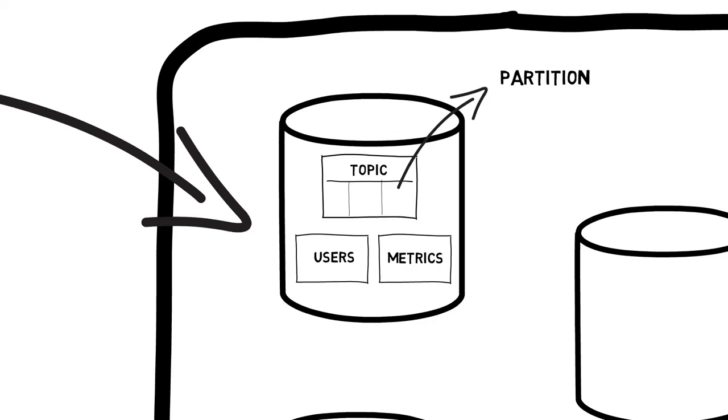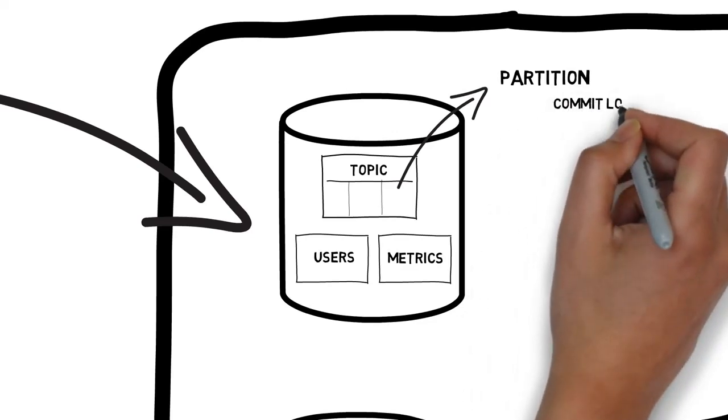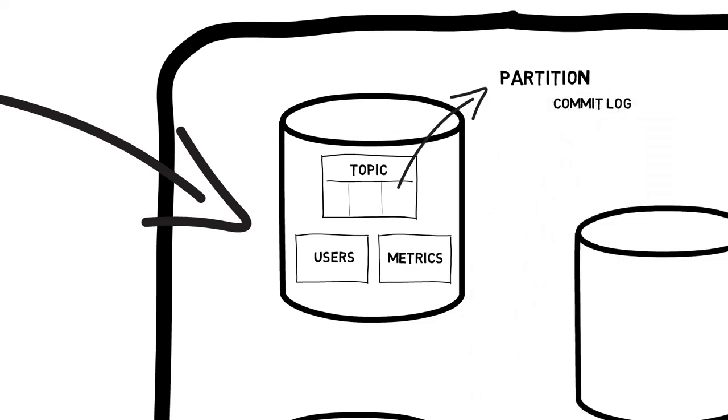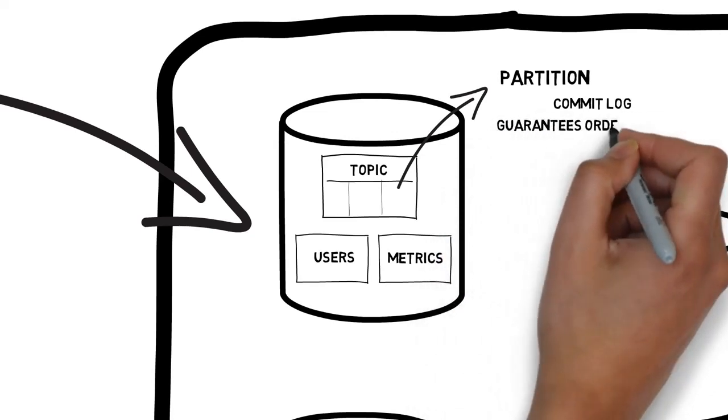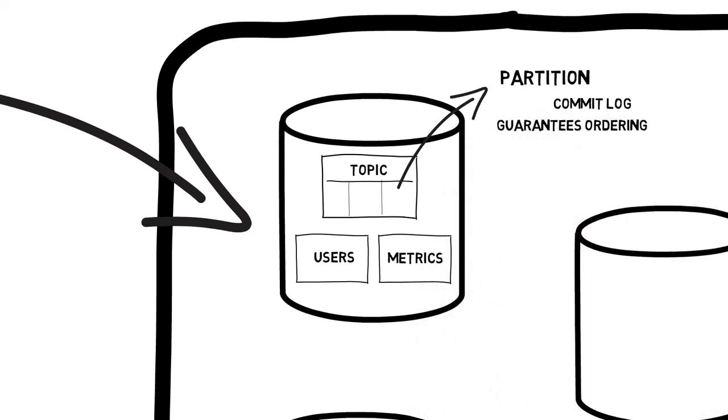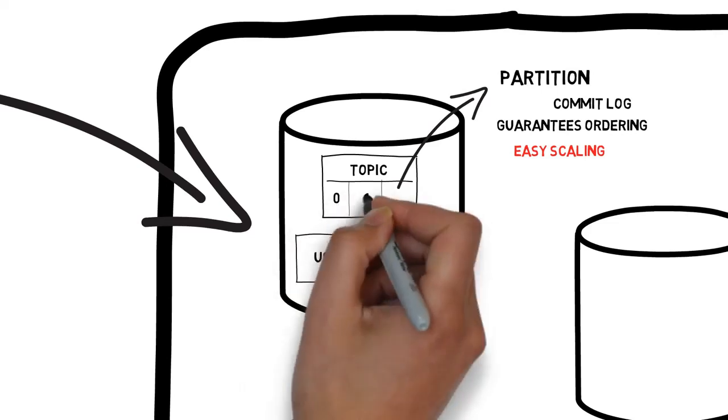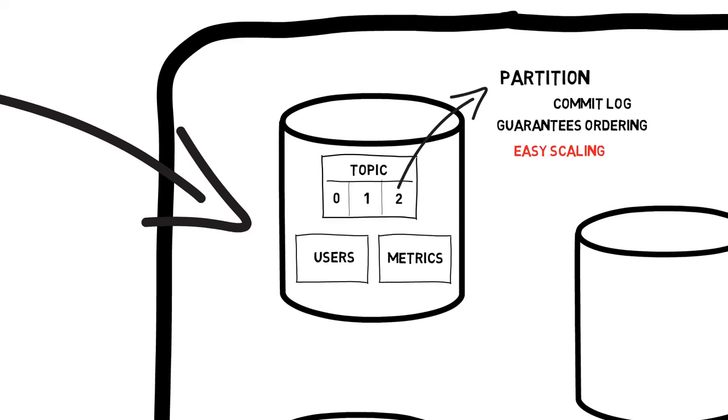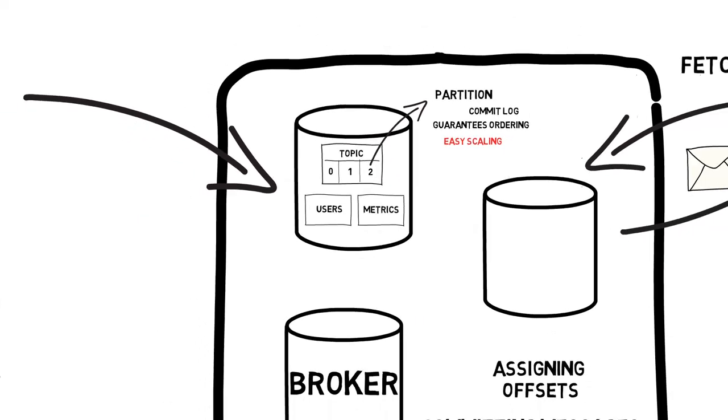Each partition acts as a separate commit log, and the order of messages is guaranteed only across the same partition. Being able to split a topic into multiple partitions makes scaling easy, as each partition can be read by a separate consumer. This allows for achieving high throughput, as both partitions and consumers can be split across multiple servers.